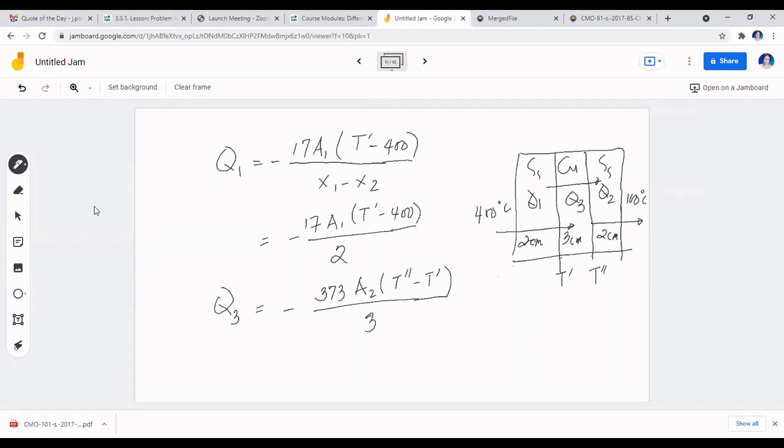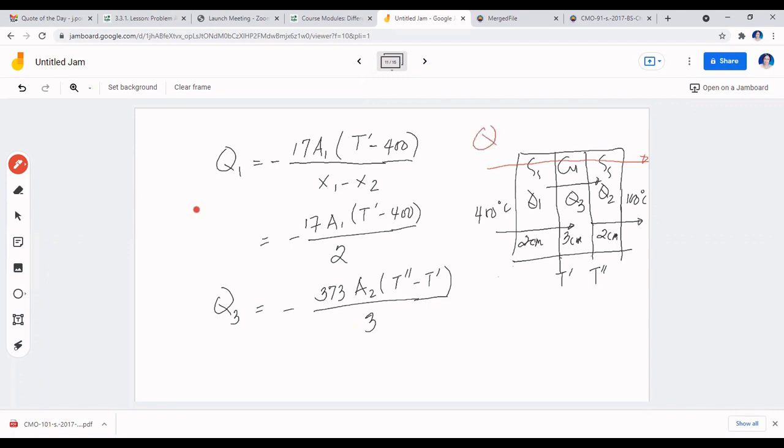Very good question, Patricia. You use the direction of heat flow so that you will know how you're going to subtract the two. Isn't it that the direction of heat transfer is from the hot face to the not so hot face? So in this case, you have the 400 to 100. So this is your direction of heat transfer.